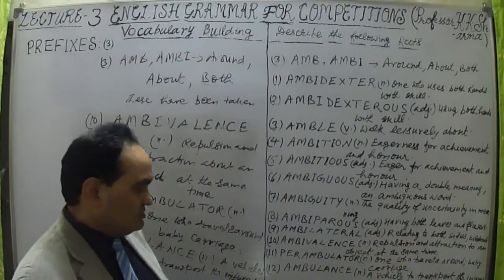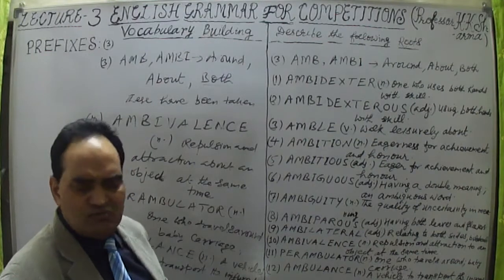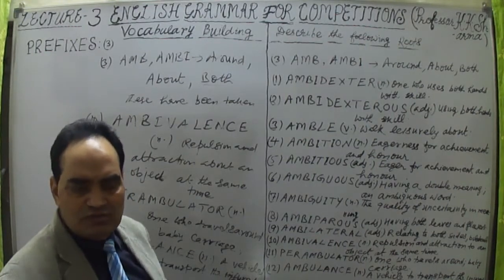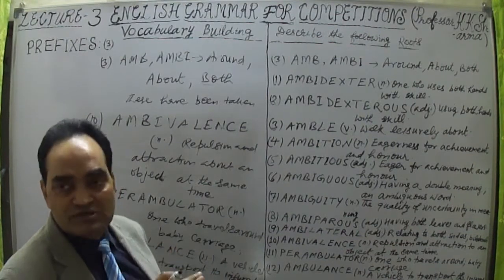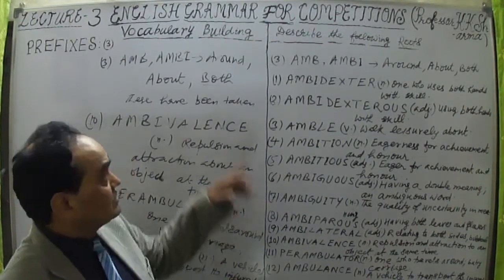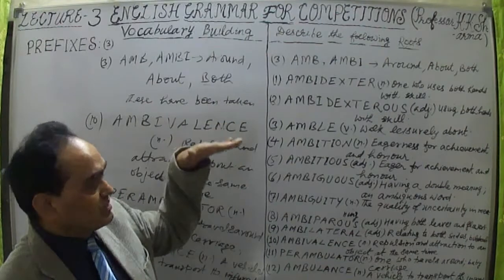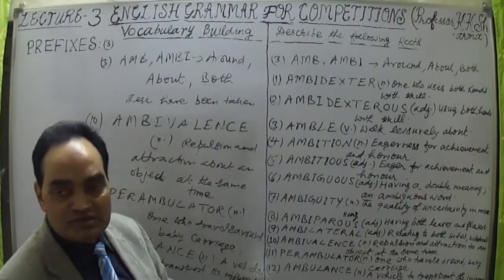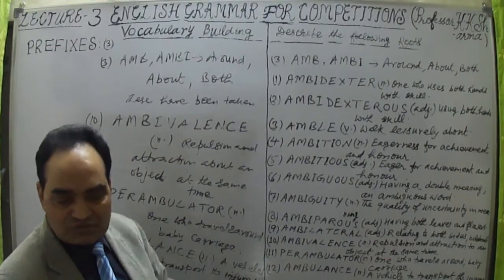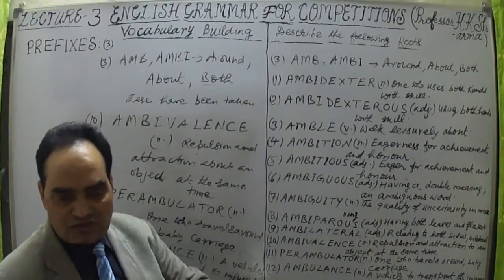That means the vehicle which is moving around or going about. The meaning of this word is taken as going around, going about. It is a vehicle to transport the injured, taking something about or around.